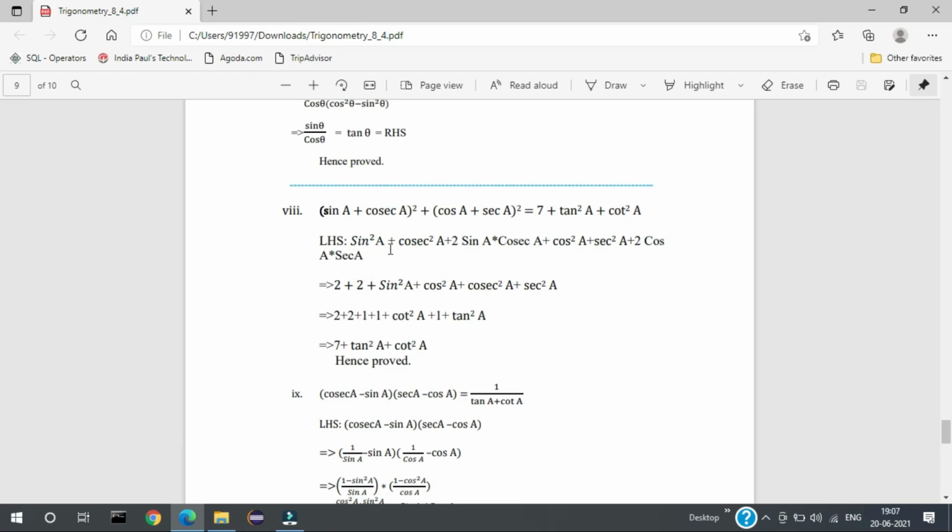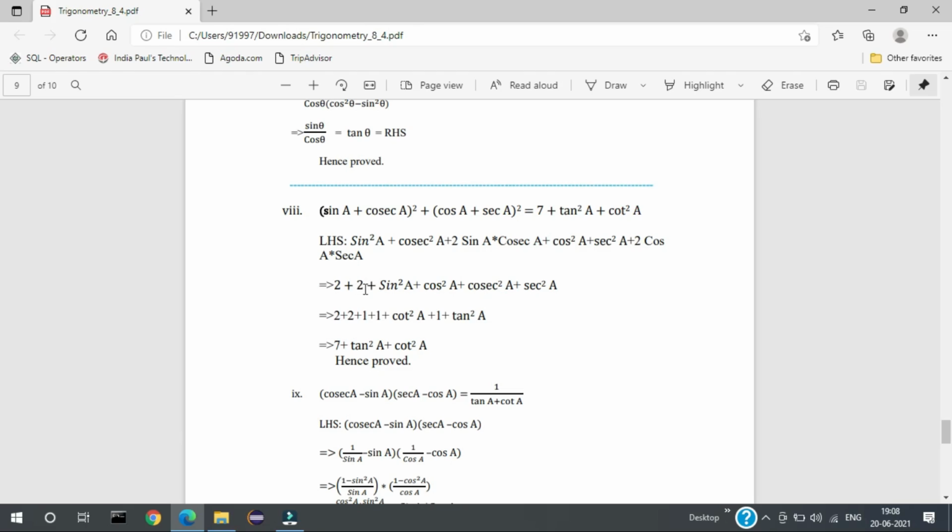So 2 into sin A into cosecant A will become 2 into 1, so a 2 value will come here. Next, cos square A plus secant square A plus 2 cos A into secant A will become 2 into 1, again one more 2 will come here.